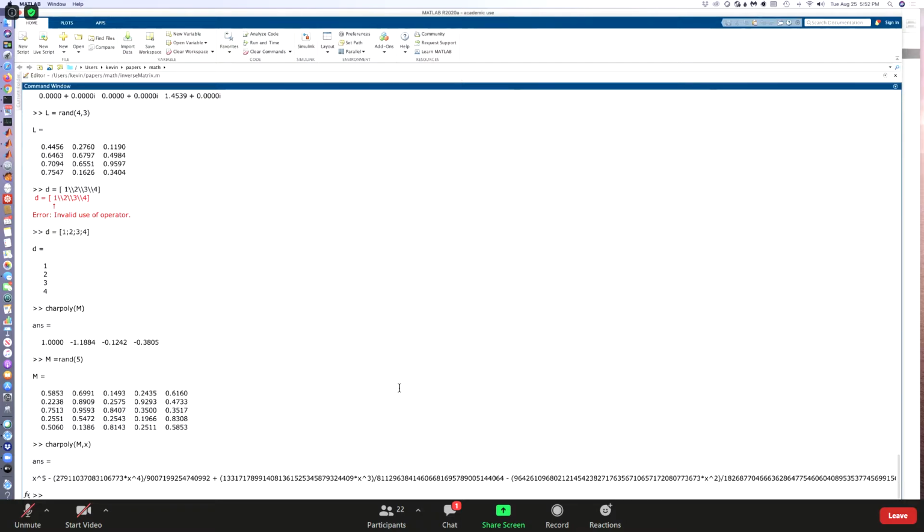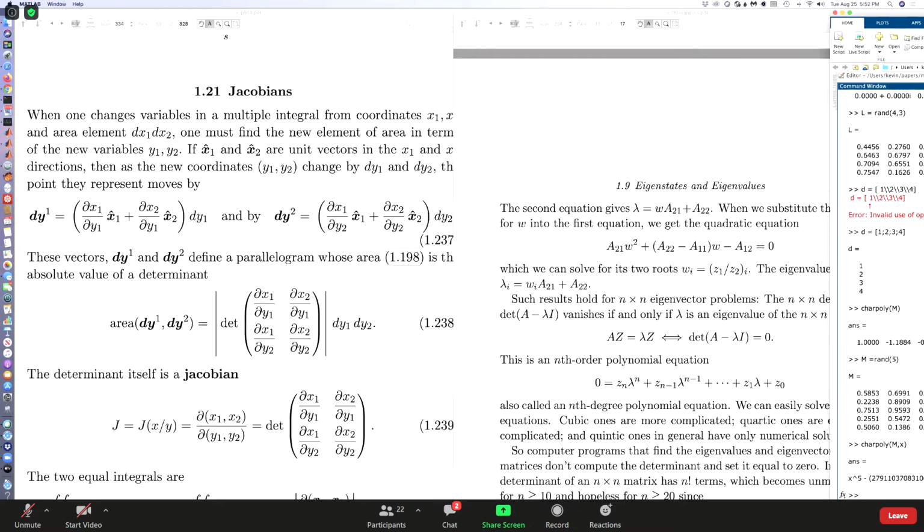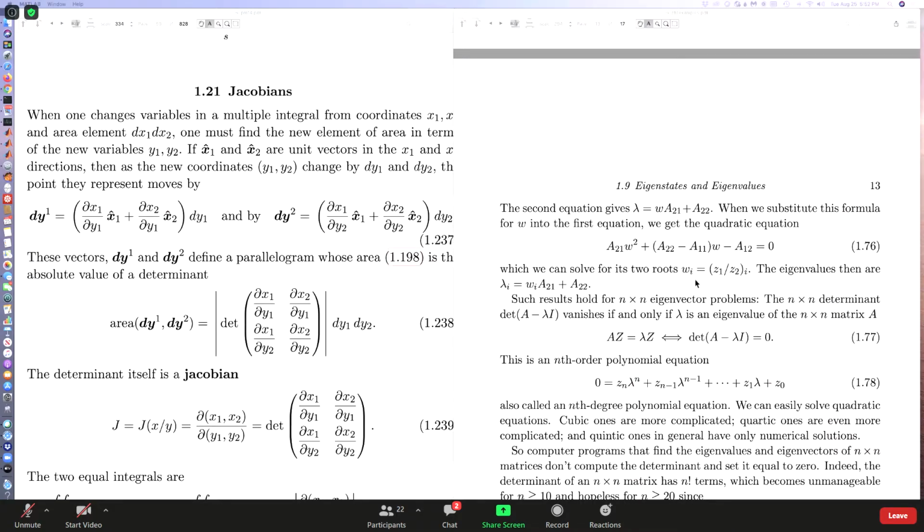We have an anonymous question: how do we come up with those constants? Do you mean the characteristic polynomial? Let me not do it in MATLAB, because that would involve too many mistakes, I'm afraid.